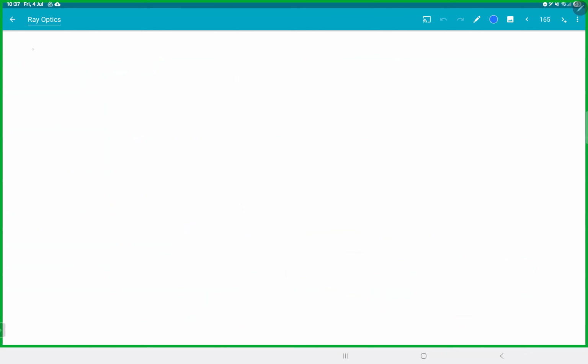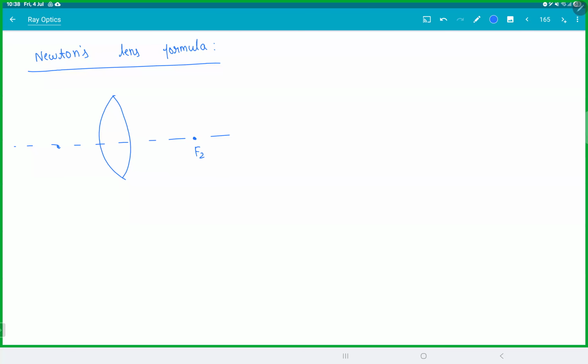Last thing, this we did before, Newton's formula. So instead of measuring the distances from the pole, if you try to measure the distances from the focus, then we have the formula x into y is equal to f square, same formula. The only problem here is we have two focuses, so how do we measure?